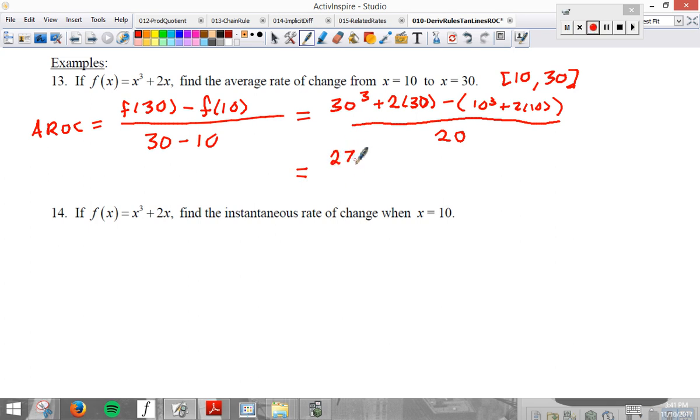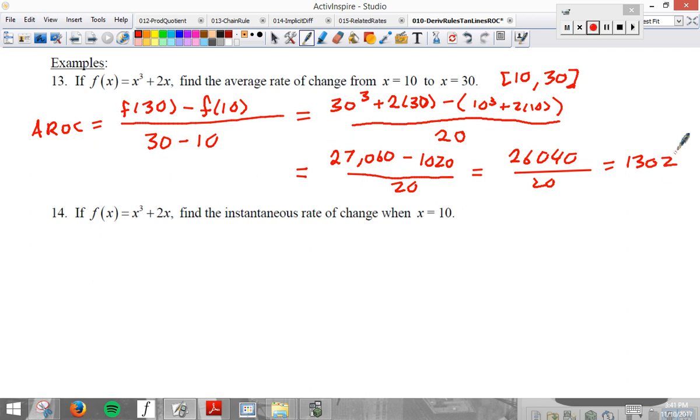Otherwise, we have to say that's 27,060 minus 1,020 all over 20. And that happens to be 26,040 over 20, which is 1302.